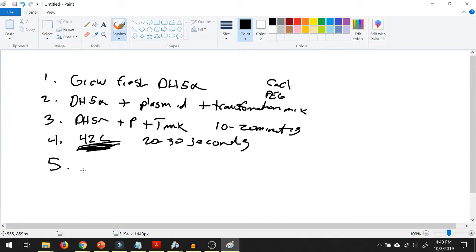Afterward, what you're going to do is help the bacteria recover, right? So we call it the outgrowth or the recovery period for the bacteria. And what you do is you add some nutrient-rich media like LB or SOC.